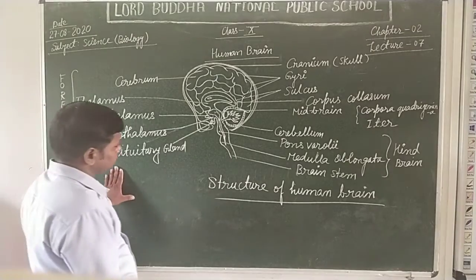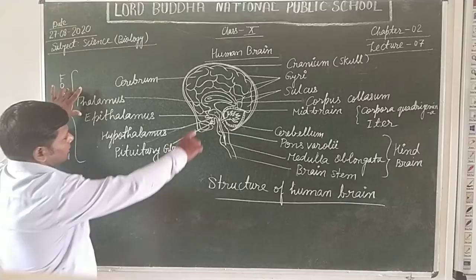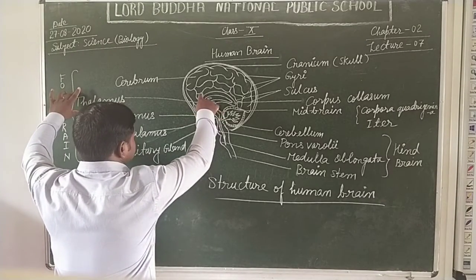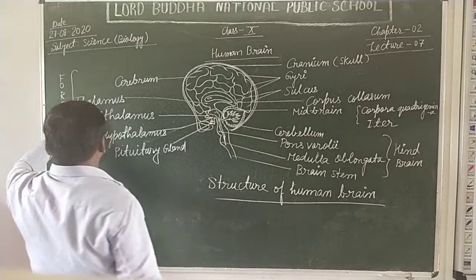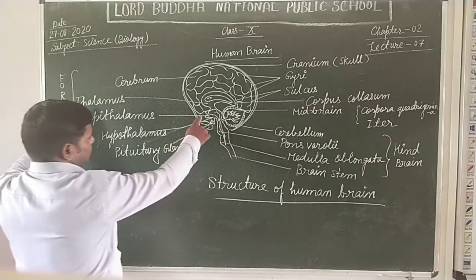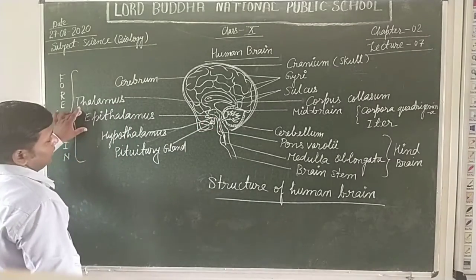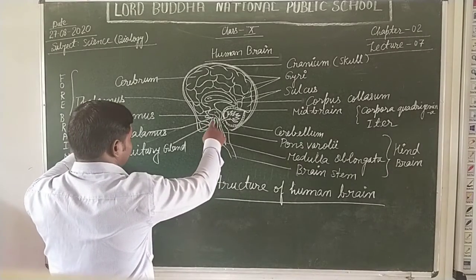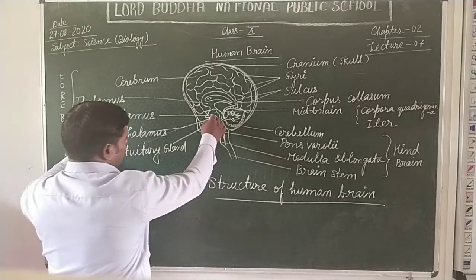Students, now this is the thalamus, located just below the cerebrum, and it is further defined by the epithalamus, the region located just above the pituitary gland, and the pituitary gland lies in the hypothalamus region, attached by a stalk.